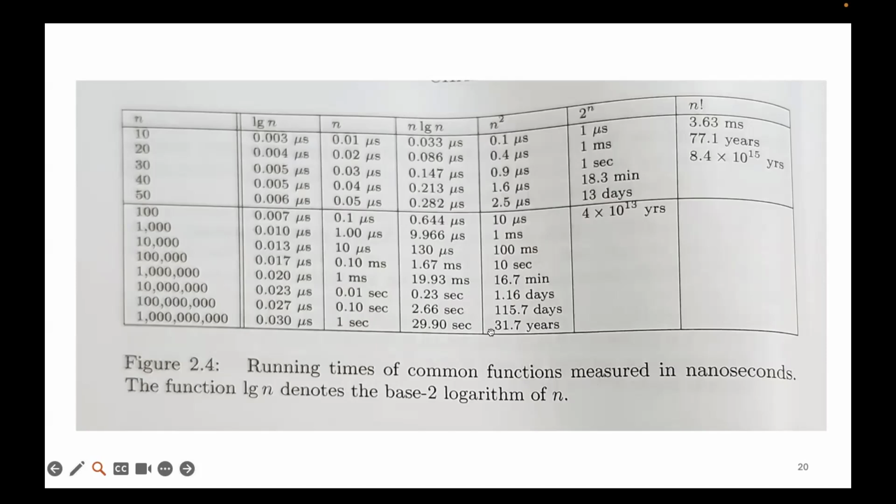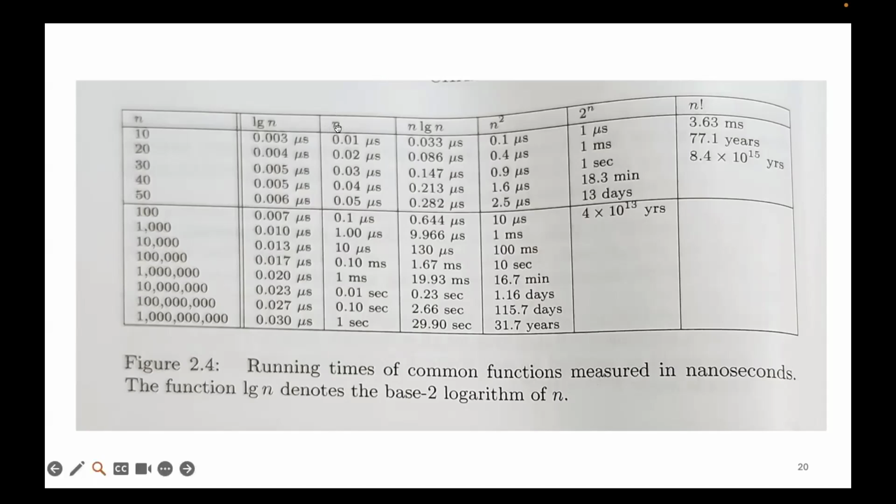So some of the things we can see so far is that for log n, even as it gets up to millions or billions, it still takes like no time at all, right? Even for the highest value that's listed on the table, it's still 0.03 microseconds, which is really, really fast.